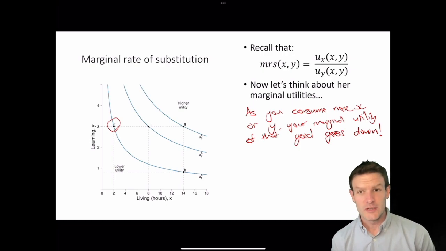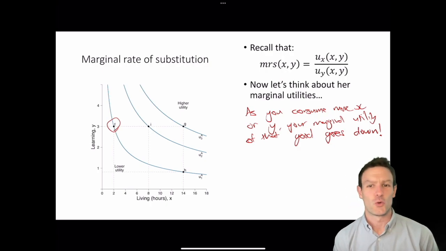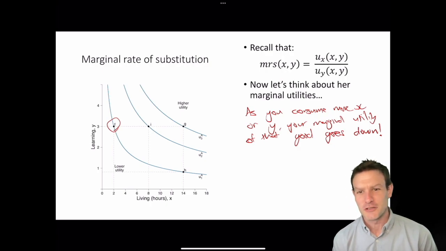The same is true for the person's preferences for leisure on the x-axis, in terms of her living, like what she values spending her time on when it is not spent on studying, such as her hobbies or sleep or other things she could be doing.